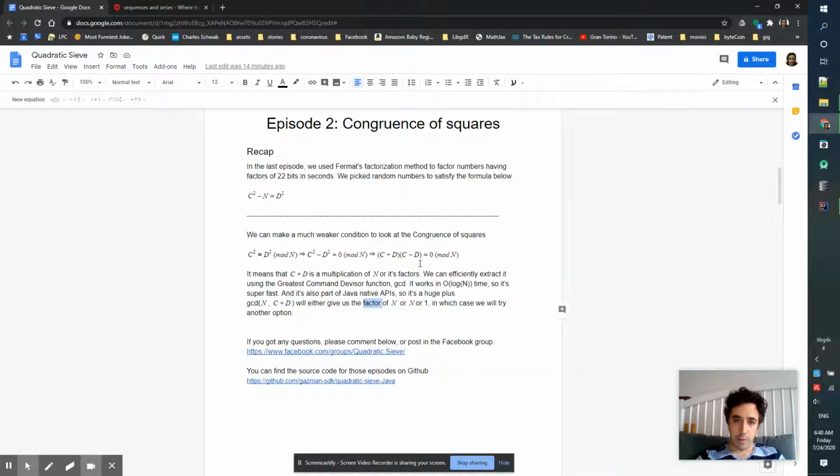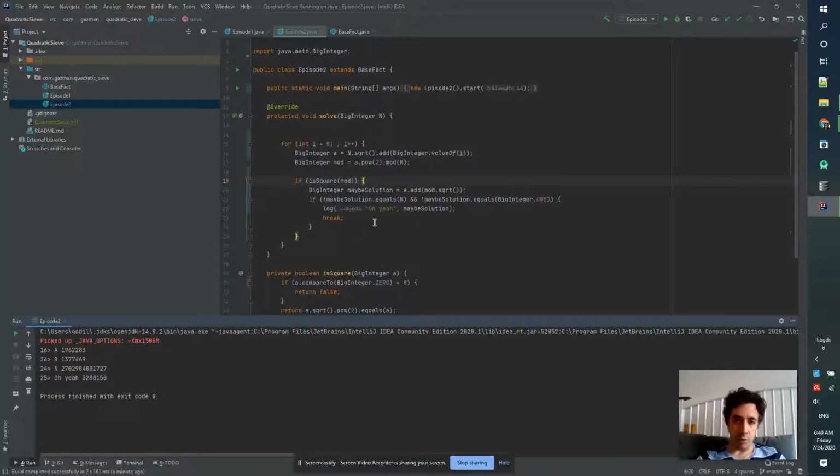And to compute the value, we need to execute the GCD function. The GCD will give us the greatest common divisor between n and c plus d. It's a very fast function. It runs in O(log n) time, so we can execute it multiple times during our loop. So let's do that.